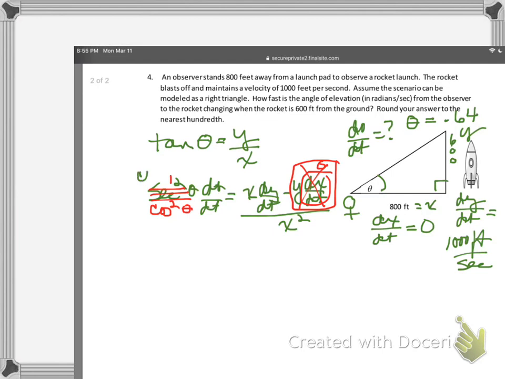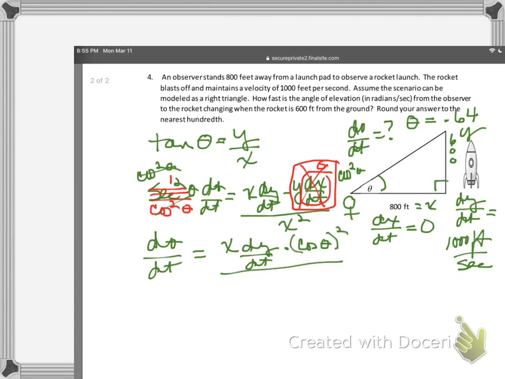So I multiplied the left by cosine squared theta. That makes that a fancy 1. Do the same thing over here. I'll write it out for you here. So I'm going to get d theta dt by itself. That's going to equal, I only have x dy dt left, and then that's going to be multiplied by my cosine theta, and then I'm squaring it, all over x squared.